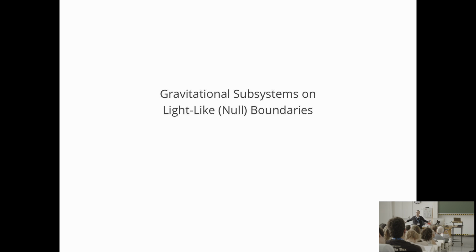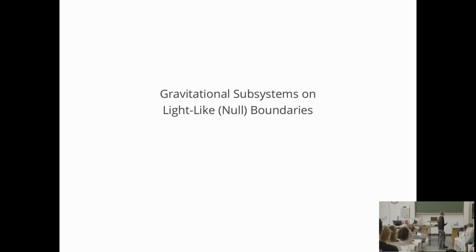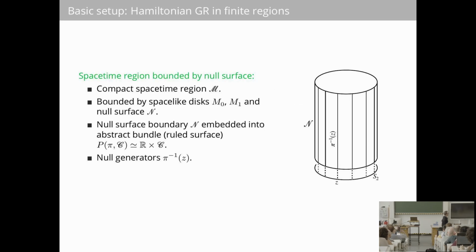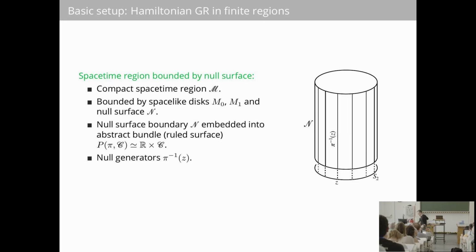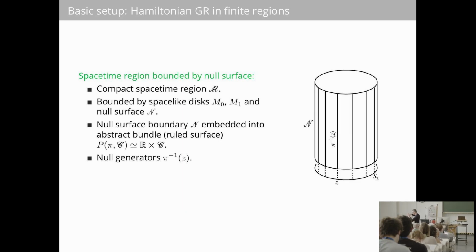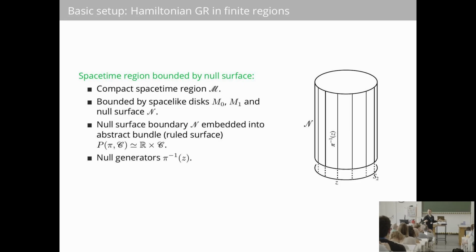So let's understand the gravitational subsystems on null geometries. And this is in fact all the structure that helps us simplify the analysis. On a spacelike hypersurface, you're basically just floating around in the universe, but here there's more structure available.